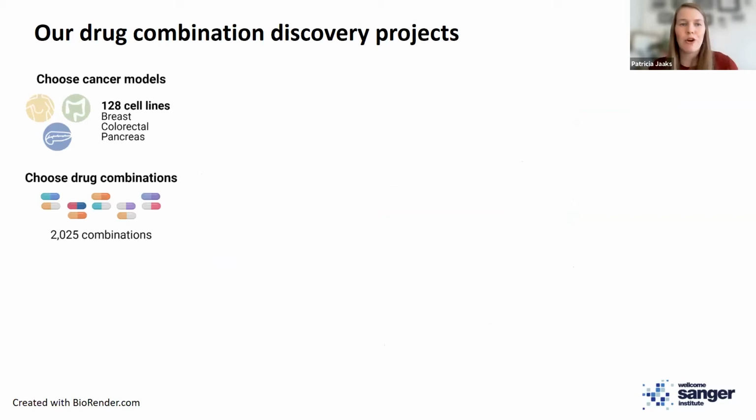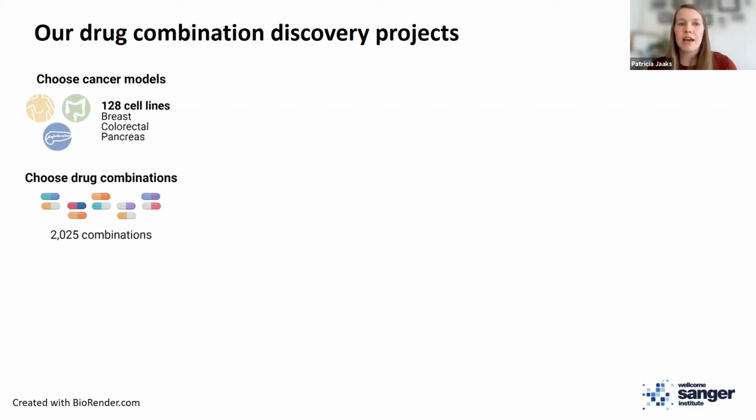I have been working on this type of data for 4 years now, and it's coming to a conclusion. So I'd like to take you on a journey today of how we generated the data and how we look at the data afterwards. First of all, it's all about choosing which cancer models you want to look at, mostly around which tissue you want to look at. We decided to go for breast, colorectal, and pancreas cancer, for which we have quite a lot of cancer models available, 128 in total.